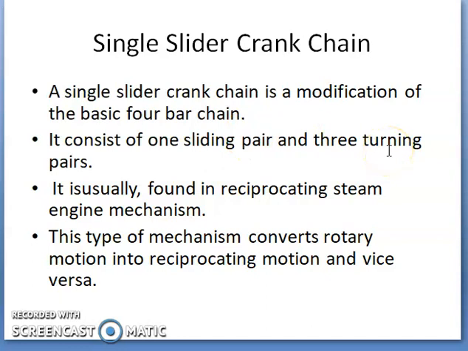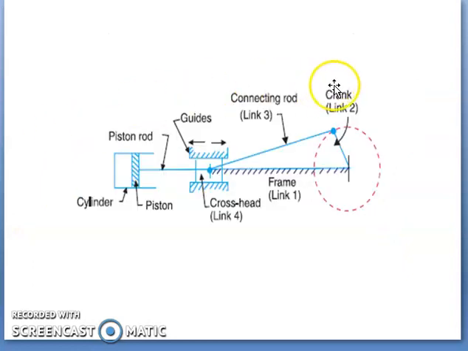It is basically found in the reciprocating steam engine mechanism, and even IC engines or internal combustion engines are also single slider crank chains. This type of mechanism is usually used to convert rotary motion into reciprocatory motion and vice versa.